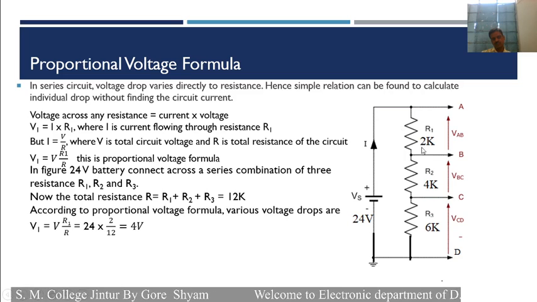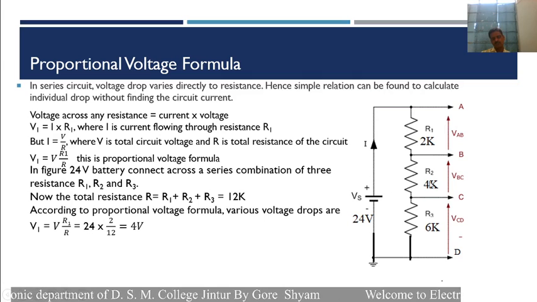Means the voltage drop across this resistance, V1, is 4 volt. According to the proportional voltage formula, voltage across any resistance is equal to the total voltage into the individual resistance divided by total resistance.